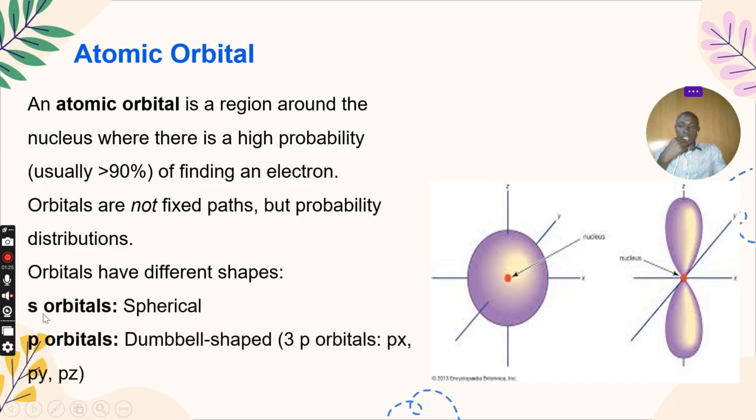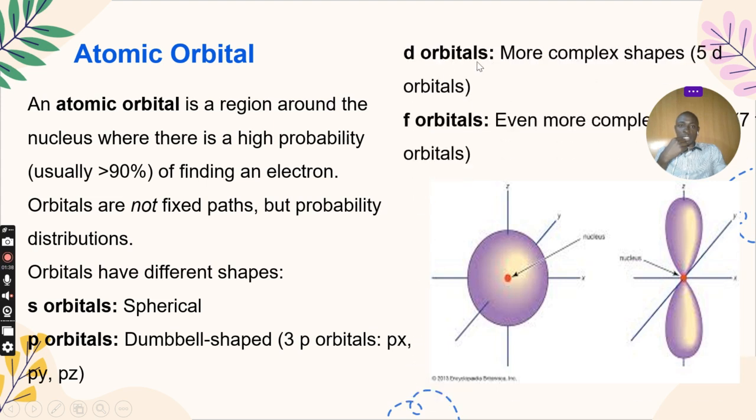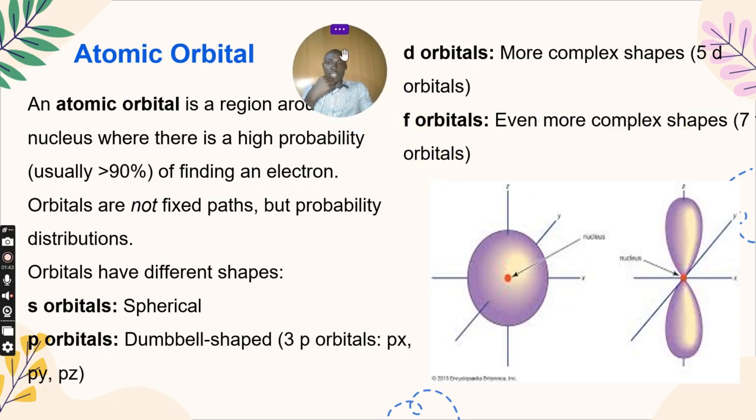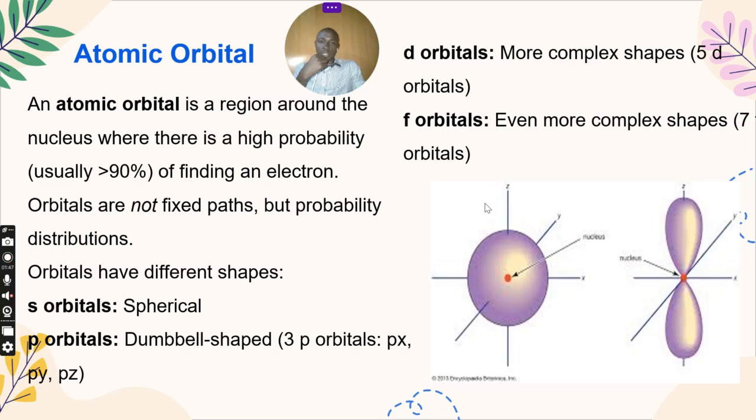There is the s orbital. It is usually spherical in shape. There is the p orbital. It is dumbbell-shaped, as you can see on your screen. And then there is the d orbital, and then the f orbitals, having more complex structures than the s and p orbitals.